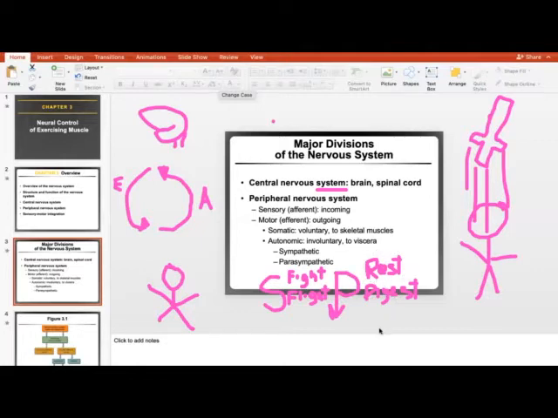It's going to make vasoconstriction of blood vessels in your arms and legs, and everything goes towards shutting down a little bit. So those are automatic involuntary actions controlled by your efferent autonomic nervous system.